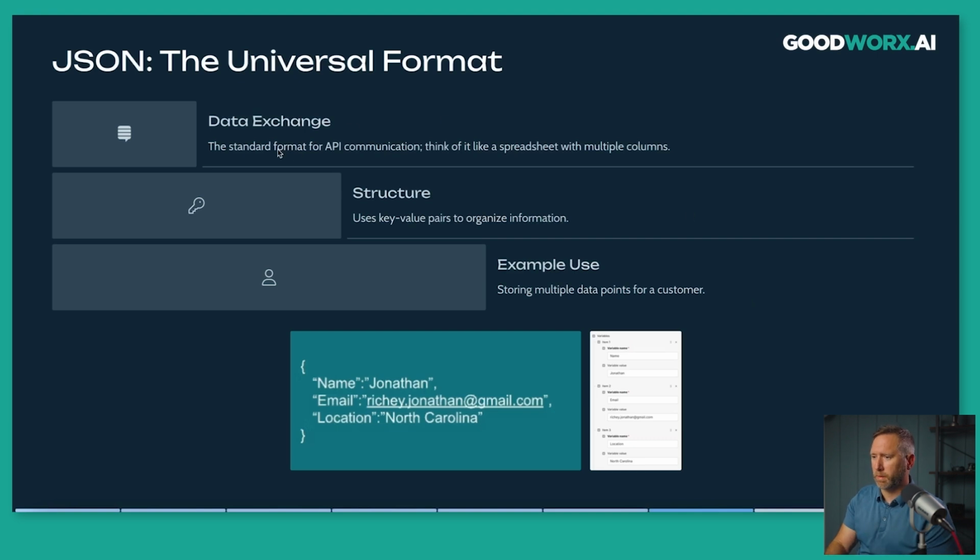And as I said here, it is the standard format for API communication. To visualize it, think of it like a spreadsheet with multiple columns and multiple rows. Now, the structure of JSON is key value pairs. So you have a key and then a value, a key and then a value, a key and then a value. So here is an example.